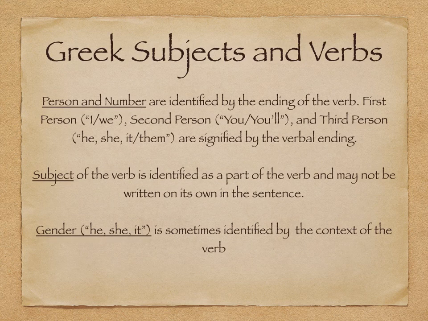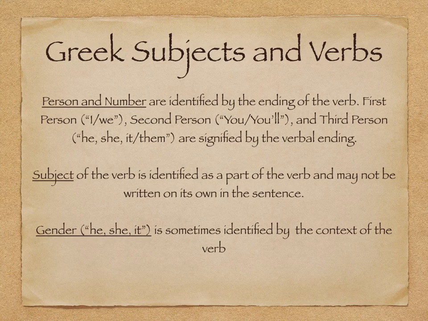We'll discuss these specifically as they relate to Greek. And Greek subjects and verbs. Person and number, first, second, third person, number, singular or plural, are identified by the ending of a verb. First person, I or we. Second person, you, y'all. Third person, he, she, it, or them are signified by verbal ending.